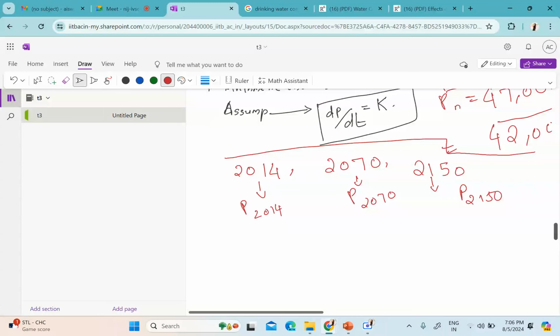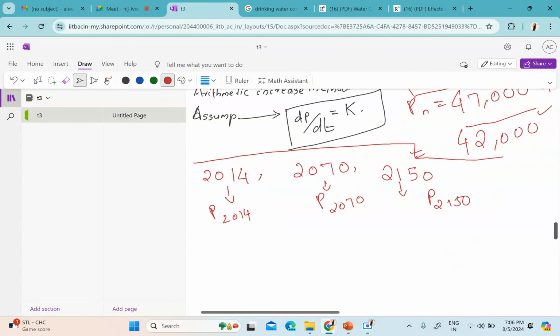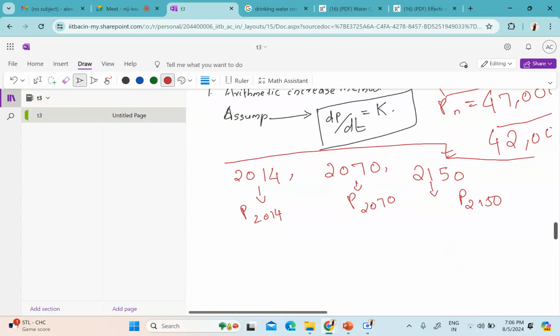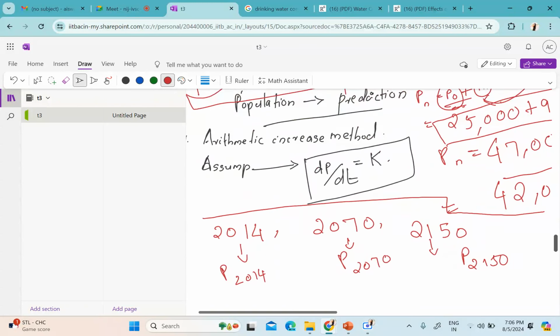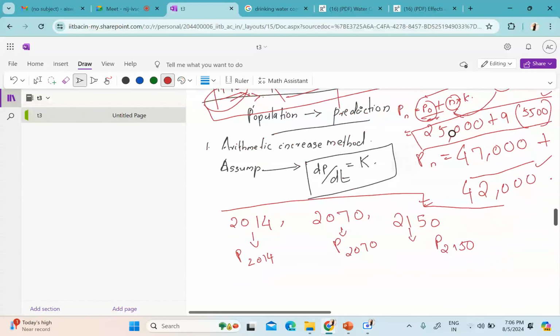So I'm not calculating this. If two people get the same answer, then we'll consider it, or I will also do it now. Okay, you can calculate.